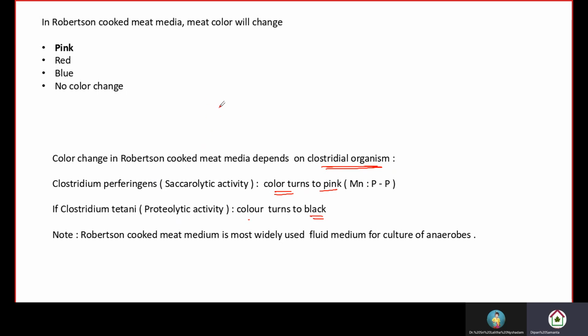So for C. perfringens, it is pink. For tetani, it is black. But pink is the most common change.